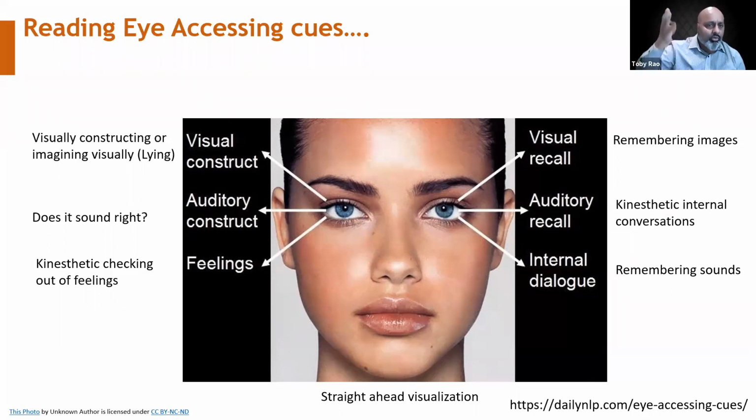Try to recall whatever you saw on social media, other things. What is your visual recall? And if you can look at a mirror, that's even better. Or somebody else can look at you. If you're doing a visual recall, your eyes will go this way. If you're doing an auditory recall, it's going to this way. And if you are talking to your inner critic, your eyes are going to go this way, right? And the same episode, you're going to get a visual recall, you get an auditory recall.